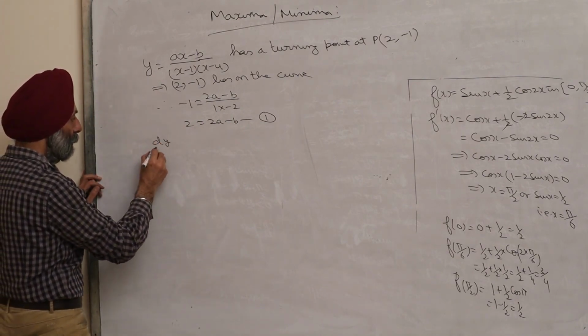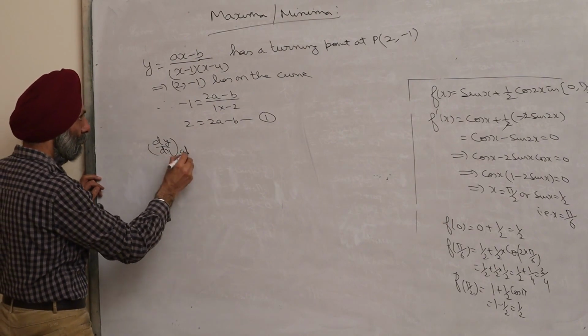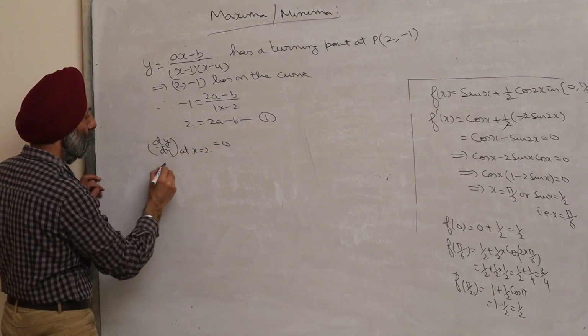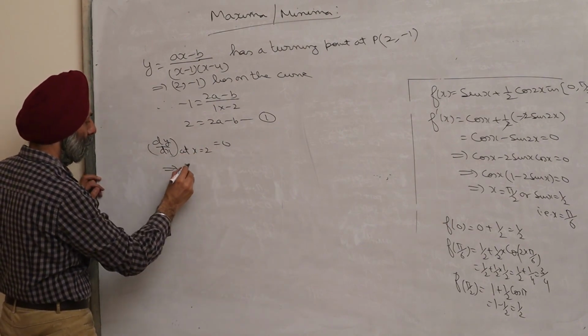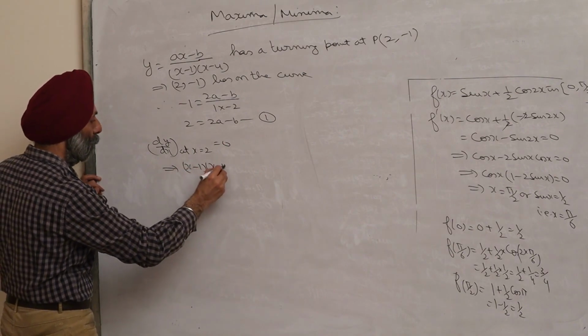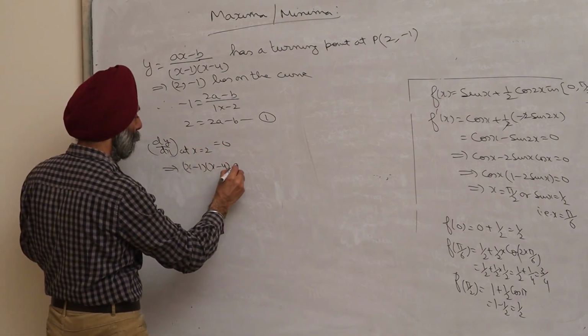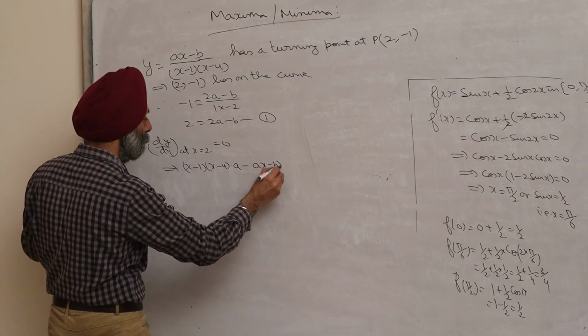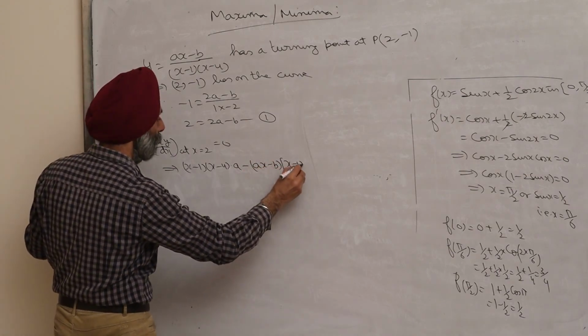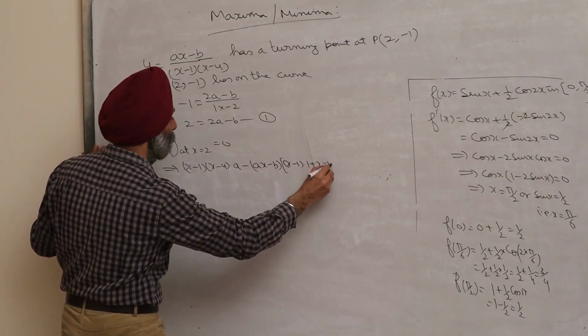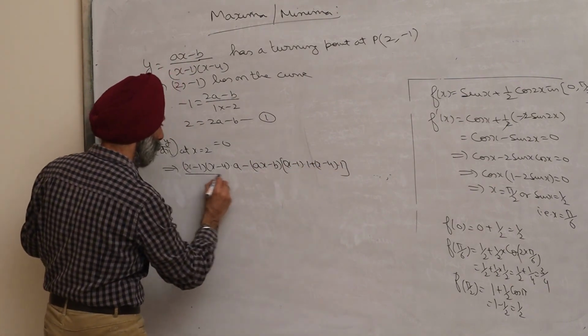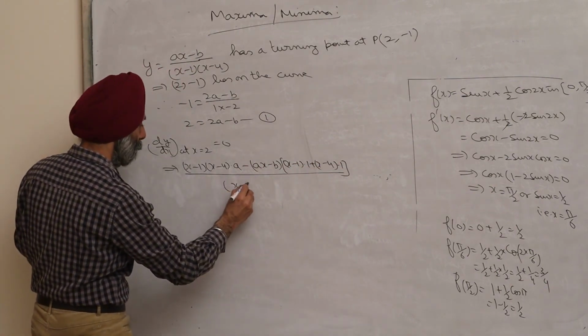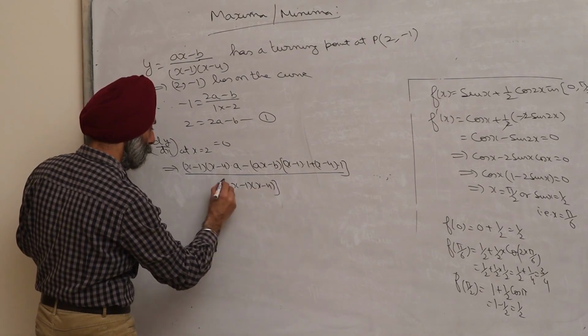Further, dy over dx at x equal to 2 is 0. So this implies dy over dx is [(x minus 1)(x minus 4) into a minus (ax minus b) into ((x minus 1) into 1 plus (x minus 4) into 1)] upon [(x minus 1)(x minus 4)] whole square.